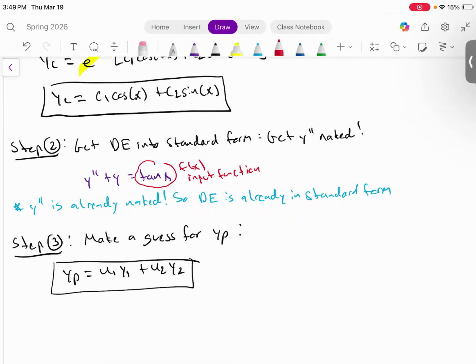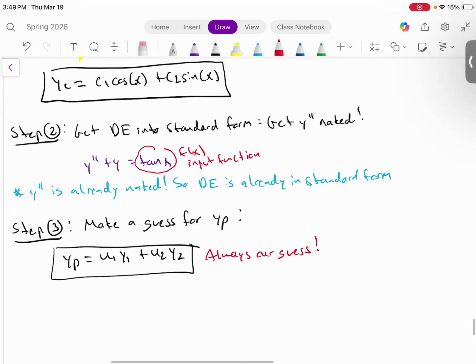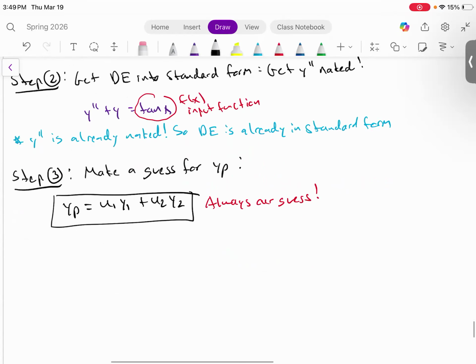This is always our guess. Don't have to think about anything else. That's always going to be our guess.